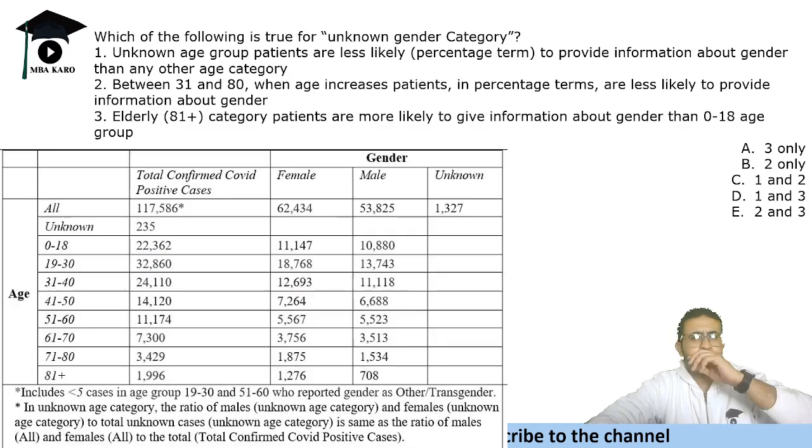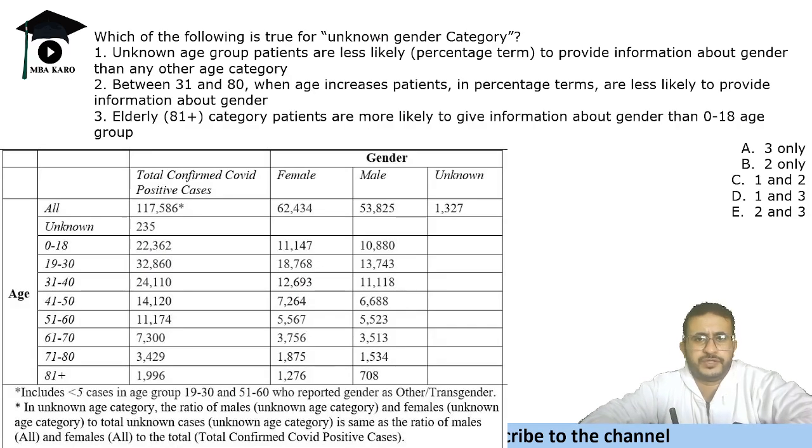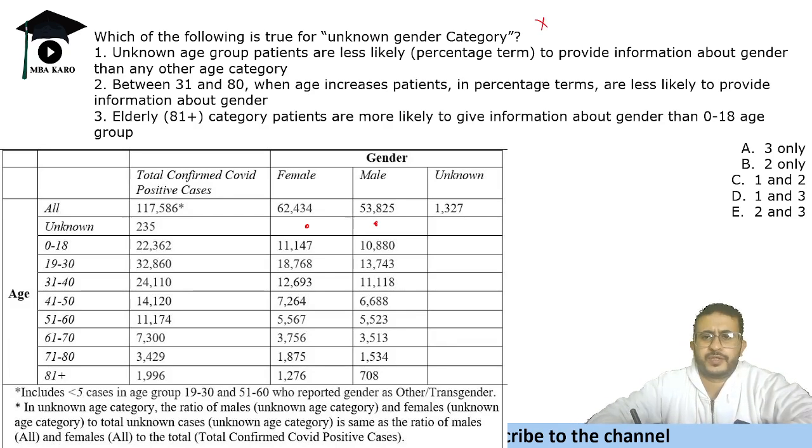Then there was another question which was again invalid, the unknown gender category. Since these values were not matching as per the information given, this question also turned out to be invalid.